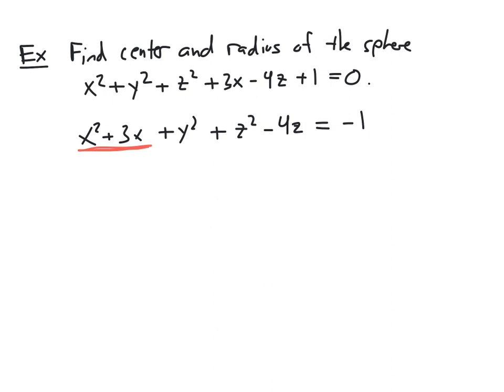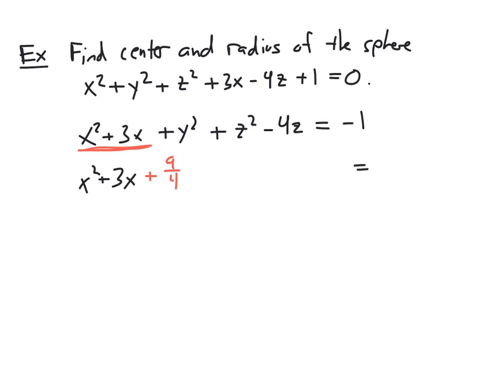All right, and so we're going to do this for each of the 3 variables. So for the x's, we're going to have x squared plus 3x, and then I'll use a different color here. By completing the square, I'm going to have to add 9/4 over here, right?